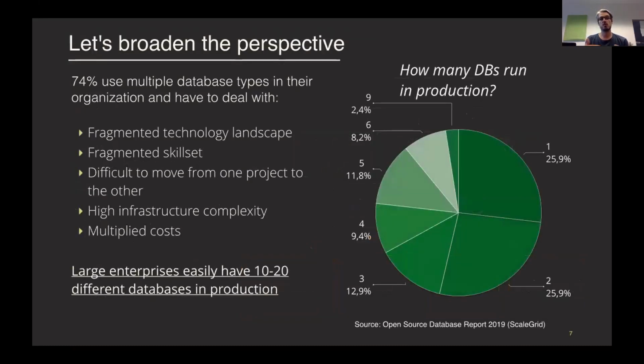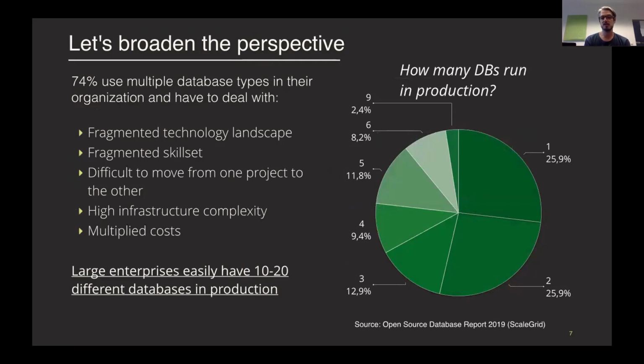If we now zoom out a bit and look at the perspective on an organization level, then we also see other problems that occur if you have a lot of databases to handle in your whole organization. I found a recent survey from ScaleGrid, who asked several developers how many databases are running in production in their organization.